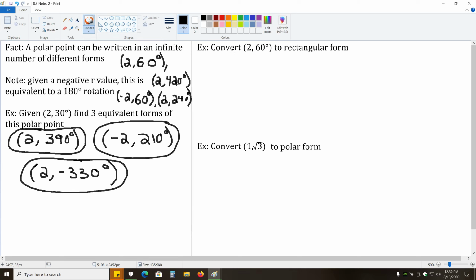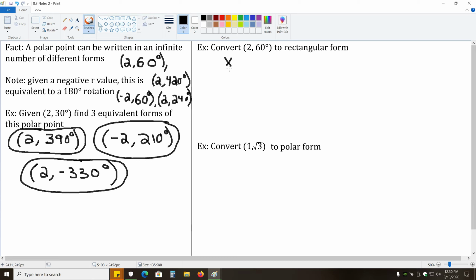Okay, so continuing on from here, we now want to convert (2, 60 degrees) to rectangular form. So to convert this to rectangular form, I want you to take a moment, pause the video, see if you can find this using the formulas we introduced a few moments ago.